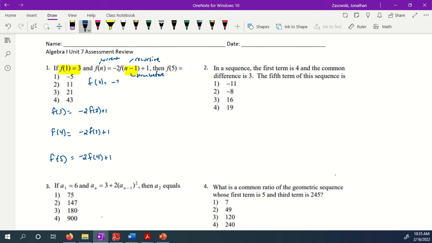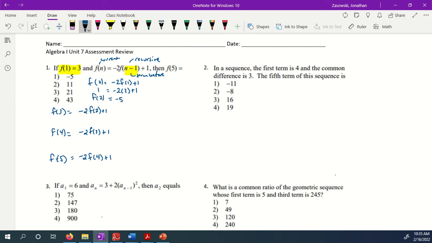So f of 2 is negative 2 times f of 1, since 2 minus 1 is 1, and then plus 1. So we already know that f of 1 is 3, so we can just do negative 2 times 3 plus 1. And so this is negative 6 plus 1, this is negative 5.